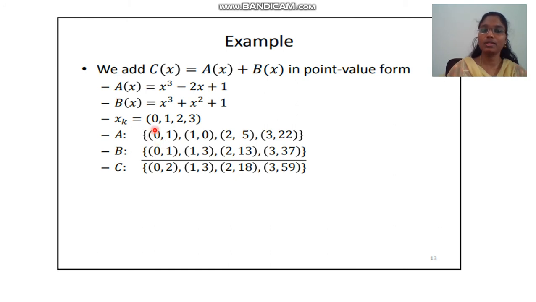The point value pairs for the first polynomial are given here, and for b they are given here. And if you see, we are adding up only the y values. So 1 plus 1 is 2, 0 plus 3 is 3, 5 plus 13 is 18, 22 plus 37 is 59. The x value remains the same.